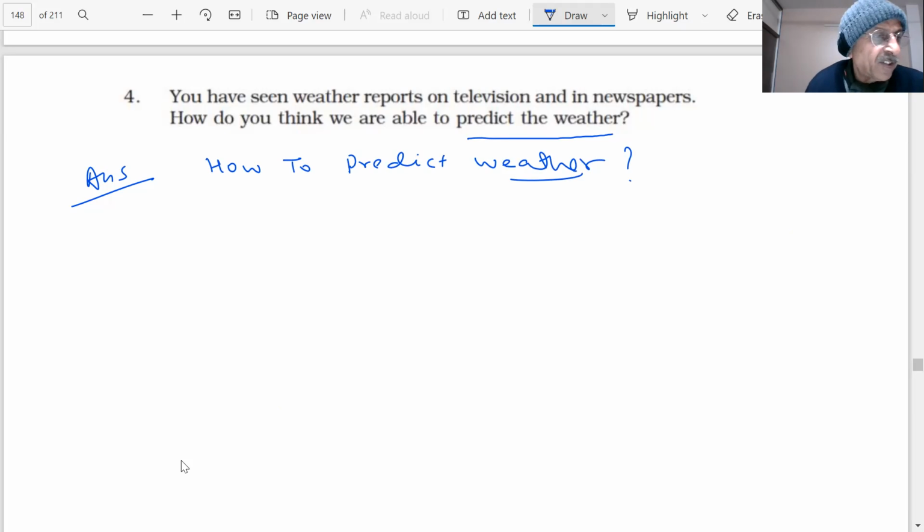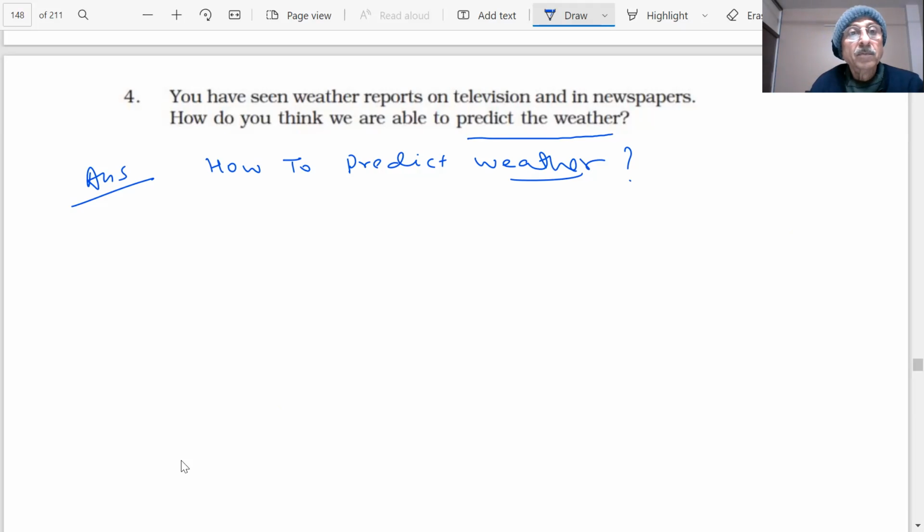Weather depends on what conditions? You are saying rain is taking place, somewhere snow is falling, students. Temperature. So there are certain factors which can be used to predict.